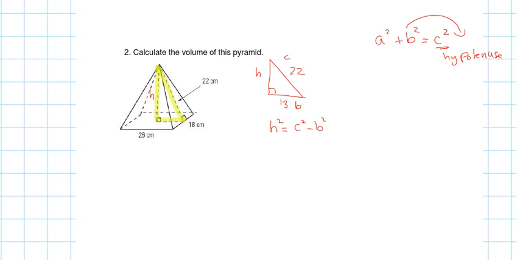So h squared equals 22 squared minus 13 squared. That gives me 315. I'm looking for just h, so I take the square root of 315, which gives me 17.7.